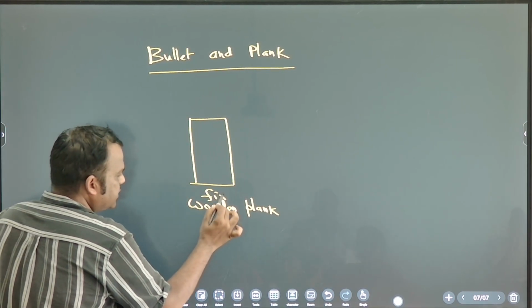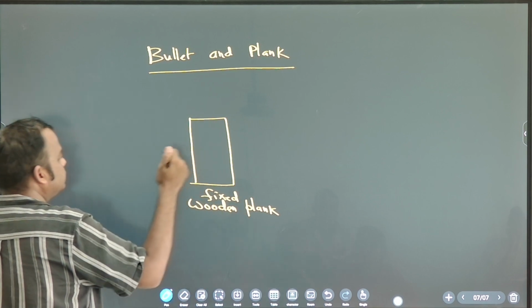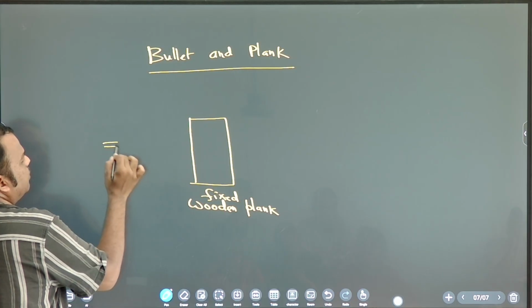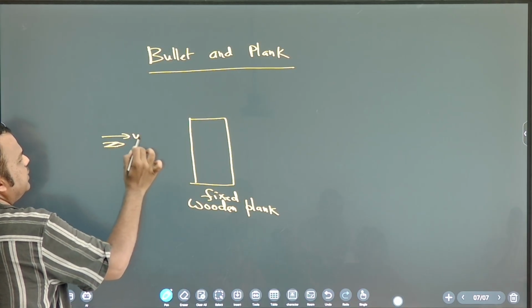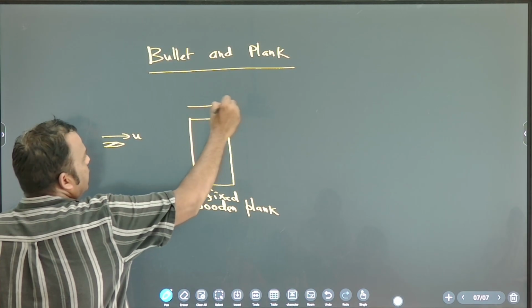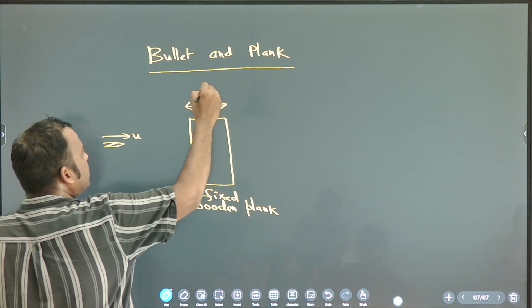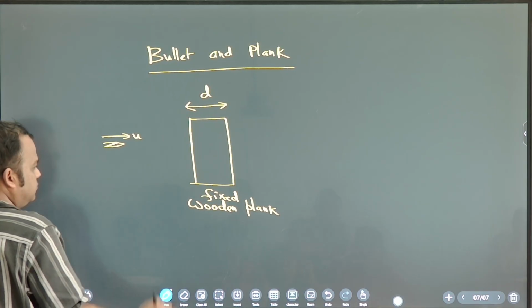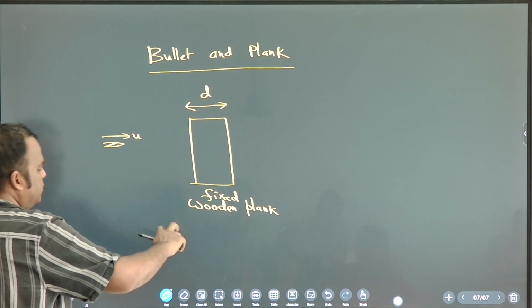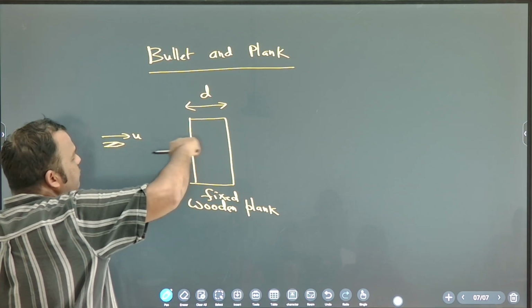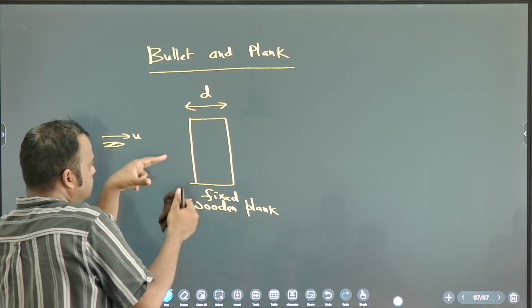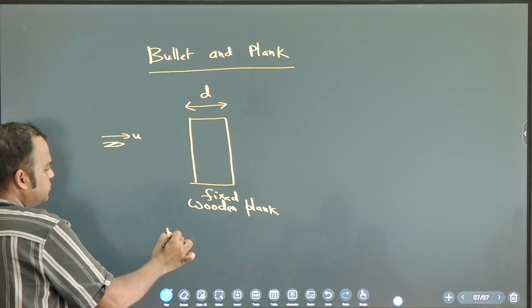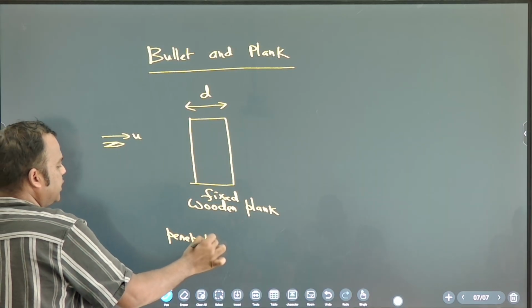It is a fixed wooden plank, fixed. Now one bullet is coming with velocity u and the length of this wooden plank is d. So the bullet will hit the plank, it will penetrate.